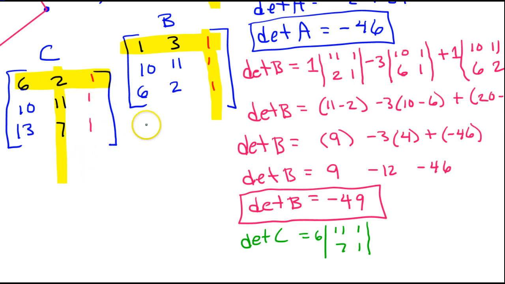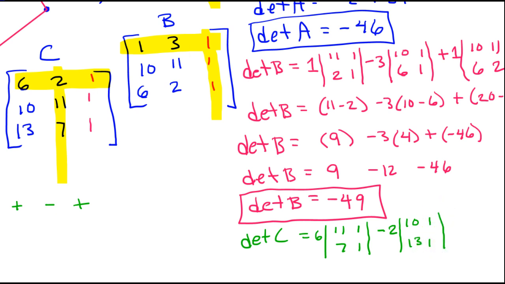Remember the sign pattern for the top row is positive, negative, positive. Means in terms of the cofactors, keep it, change it, keep it. So the middle one, I need to change the sign. So I'm actually going to put negative 2 times the minor determinant, which is 10, 1, 13, 1.